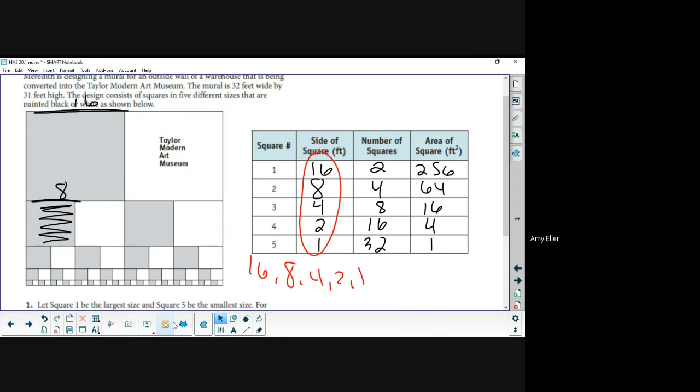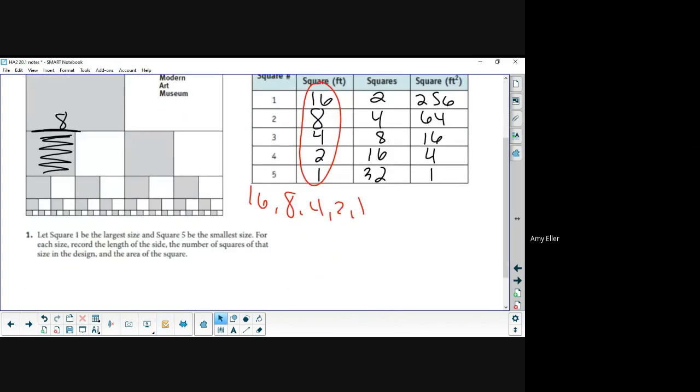No, because if I were looking at what I was adding or subtracting, it would be -8, -4, and I'm not doing the same thing every time. This is not arithmetic. This is, in fact, geometric. If you can multiply by the same thing, then it's going to be a geometric sequence. So 16 times what gets me 8? A half.